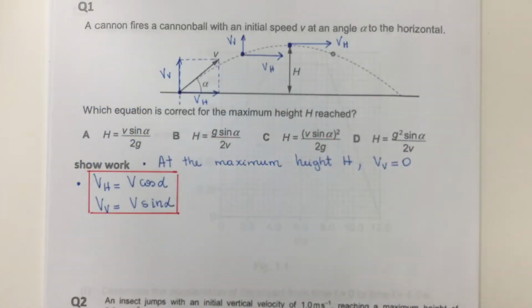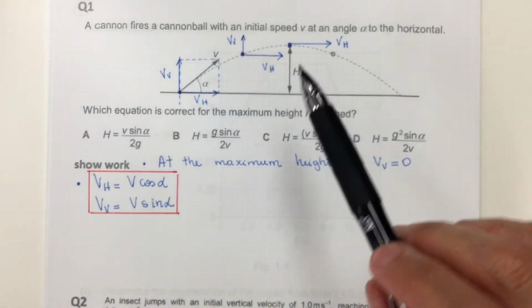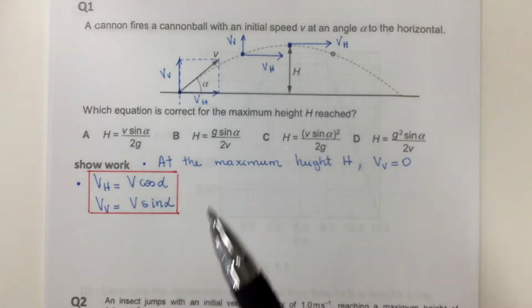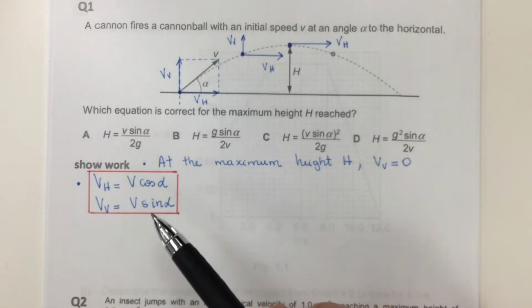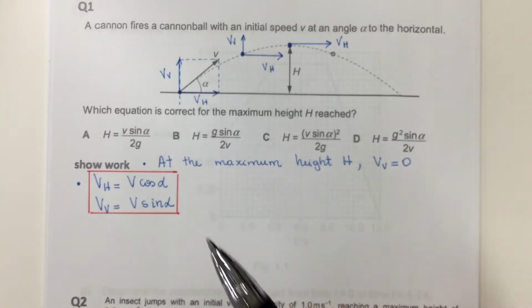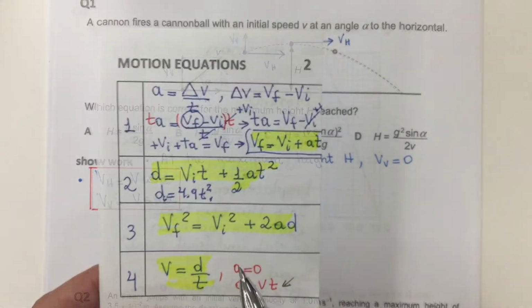Now we need to find an equation that relates the height and this velocity. So we are going to use one of these equations.